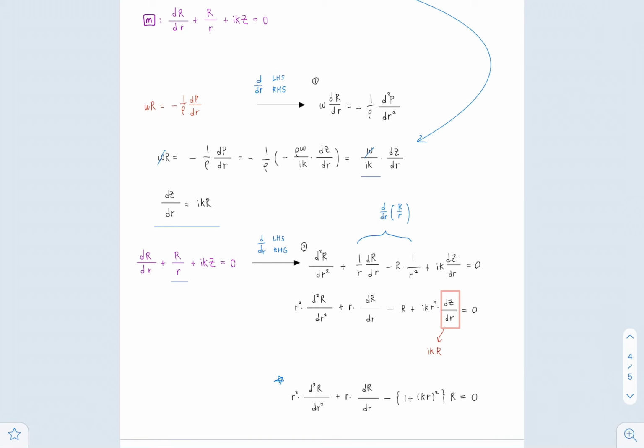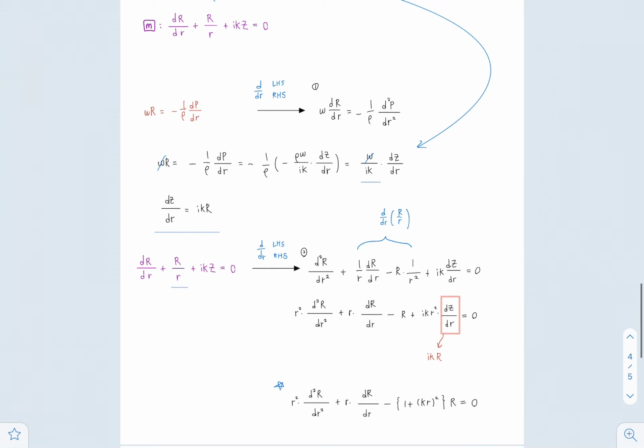So we have this r squared term and the second derivative, the r squared term and the first derivative, and a simple function related by 1 plus k r squared times r. This is simply plugging in this r term and the ikr term into the brackets. And if you look at this, if you study differential equations, you will see that this can indeed be solved in a certain method, and the solution is going to be called the Bessel function of the first kind.